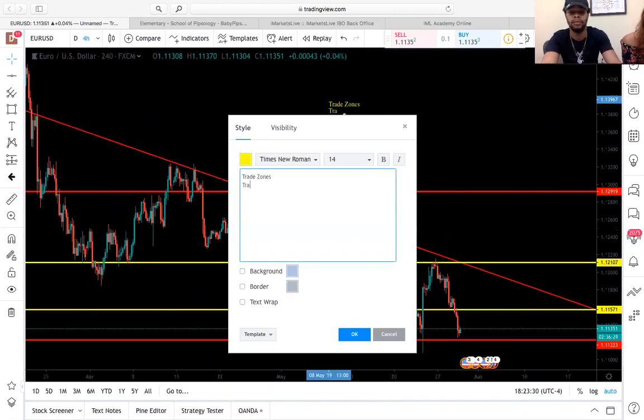Trade key areas, if that makes any sense. Same thing as zones. Step 2. So what does that mean, Jamel? By trading zones, you want to make sure it's at a support and resistance zone or it's at a trend line, because a trend line can act as support and resistance.